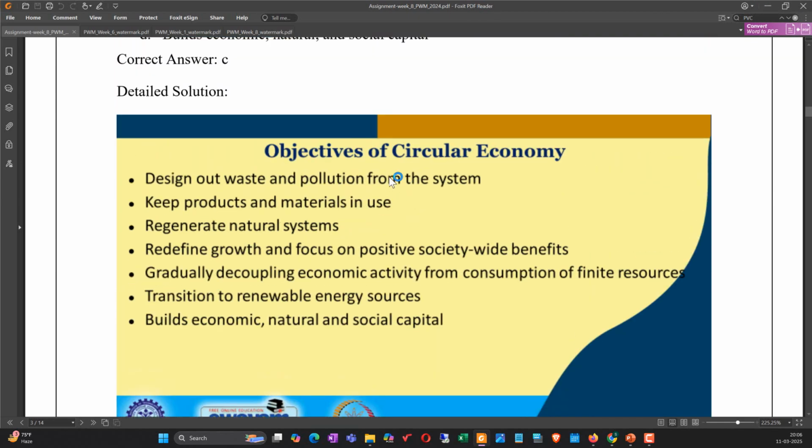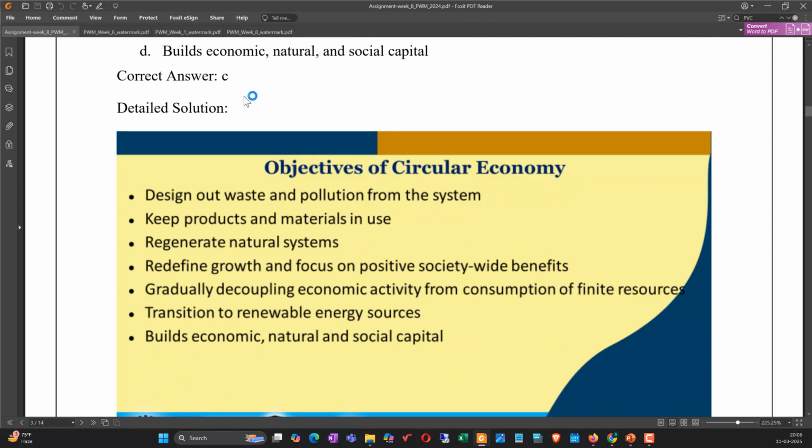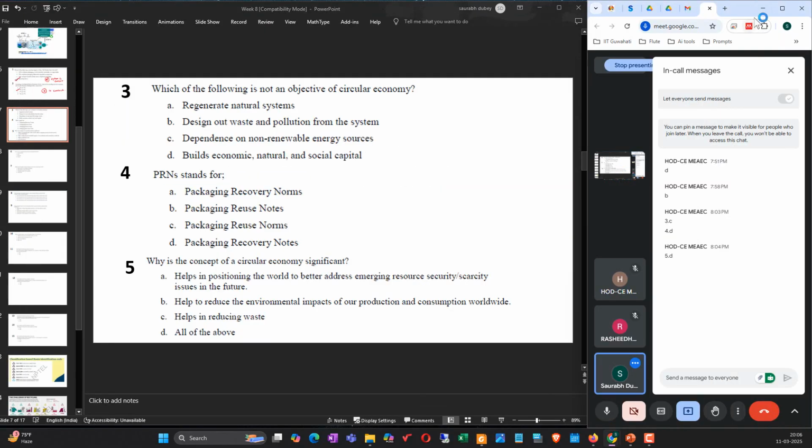That was one of the options, which is option D, right? So option C is the correct one.